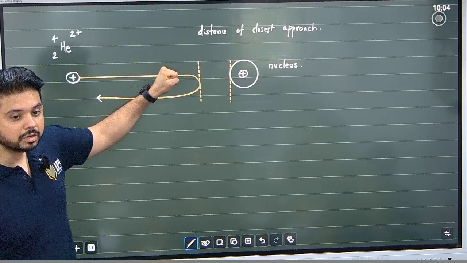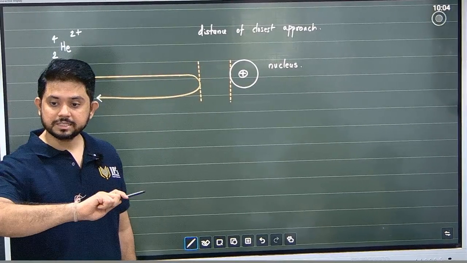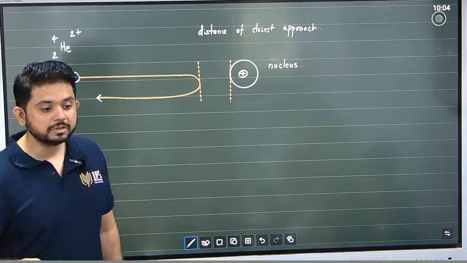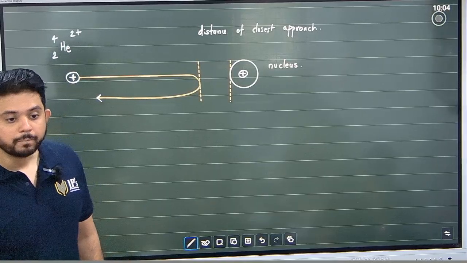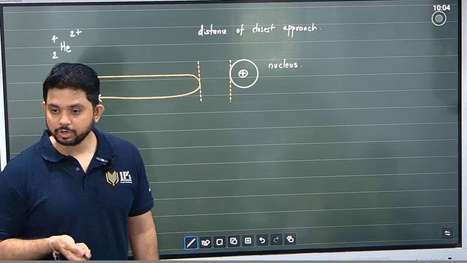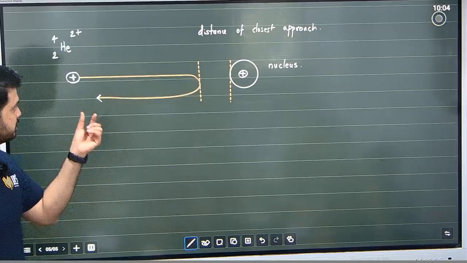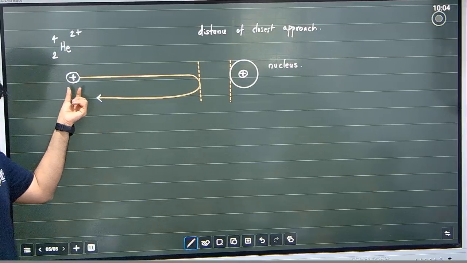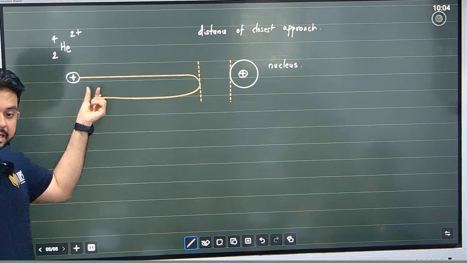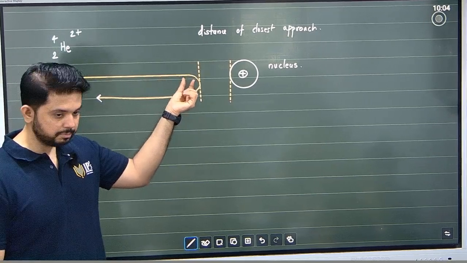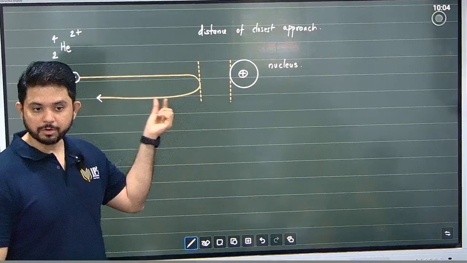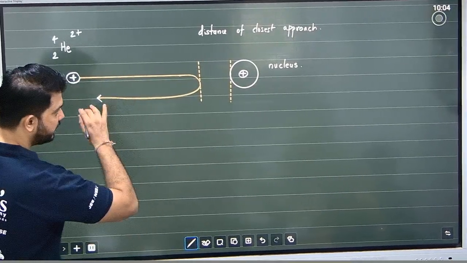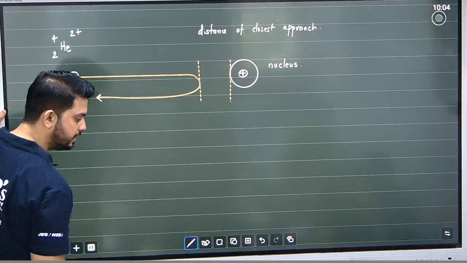Slows down. Kinetic energy is getting converted into potential energy. Anyone who did not get that? So the kinetic energy which was present here got converted entirely into potential energy, and then it bounced back. Basically, we are applying the law of conservation of energy.